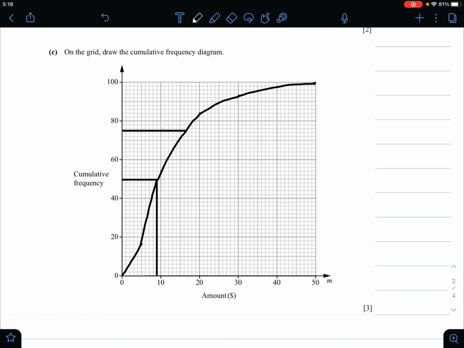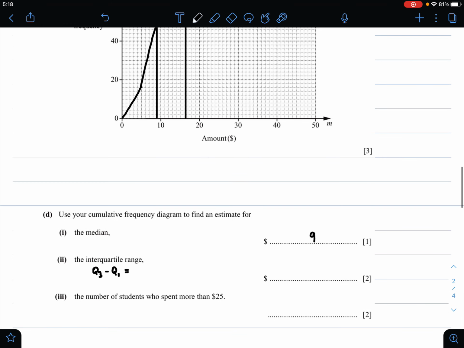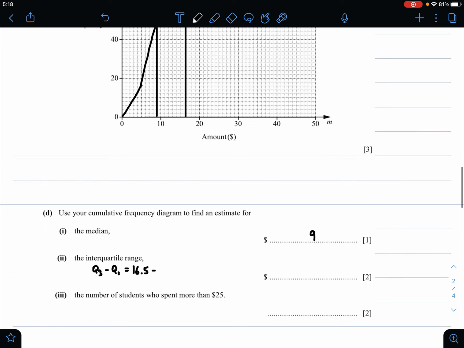So at the point of 75, you draw a horizontal line and bring it down to the x-axis to see the dollar amount that it reaches. In this case, it would be approximately 16 because it is between 16 and 17. So you can say 16.5.